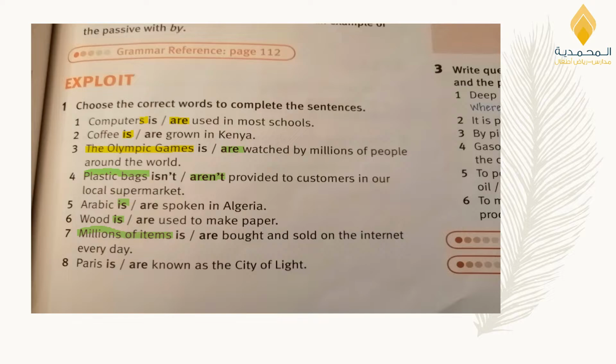Yes, we are going to use are because we're talking about things with S. Items, sorry. Bought and sold on the internet every day. Finally, 8. Paris is or are known as the city of lights. It's only one, so we're going to use is.